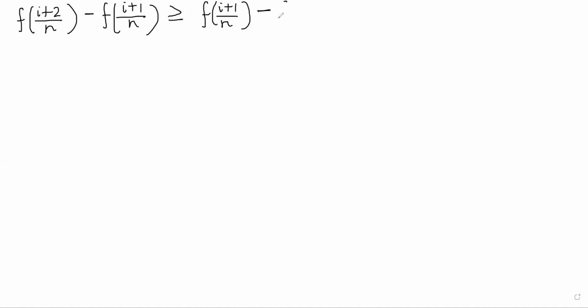We have f of (i plus 2) by n minus f of (i plus 1) by n is greater than or equal to f of (i plus 1) by n minus f of i by n plus 4a by n. So this is our second result.